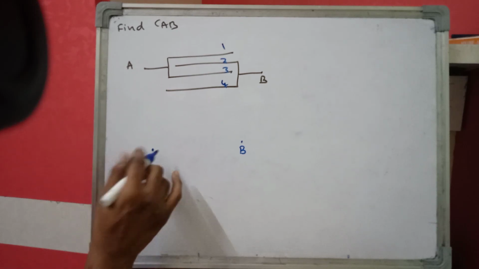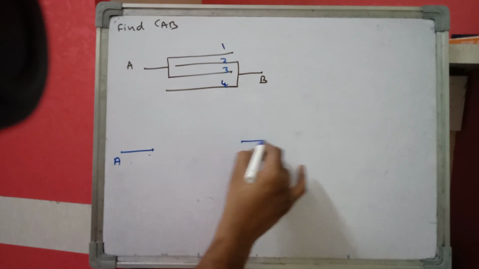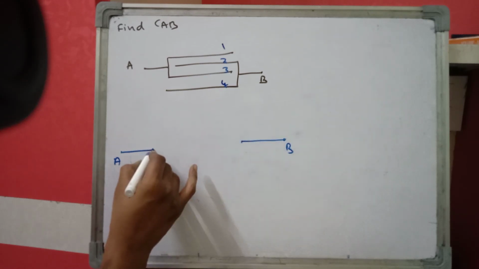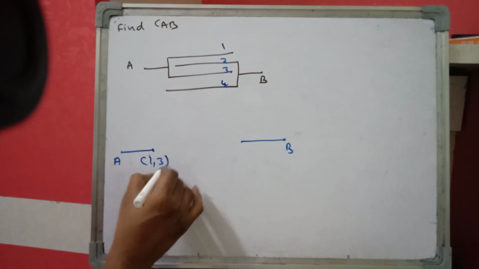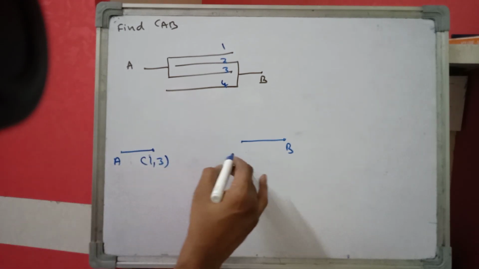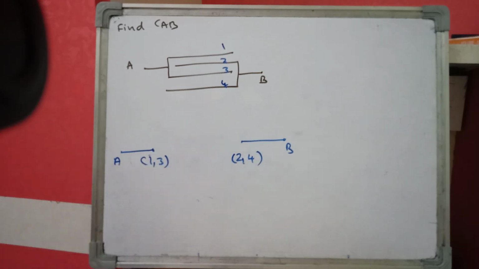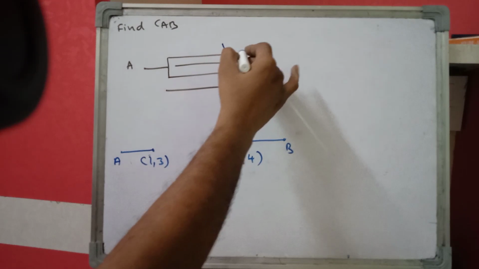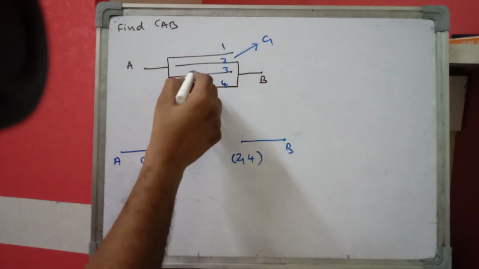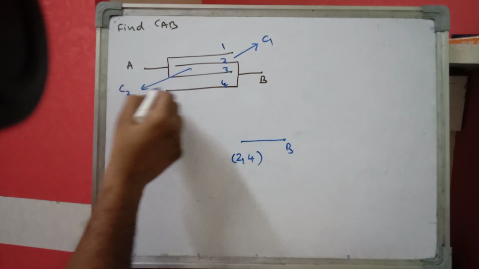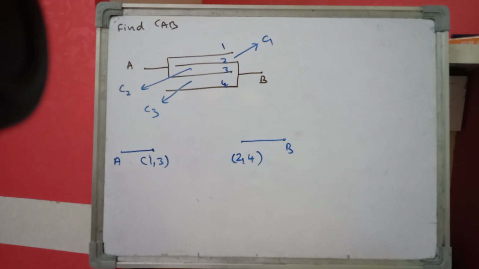So first plate and third plate are connected to A, second plate and fourth plate are connected to B. Now see, between 1 and 2 one capacitor will form, C1, between 2 and 3 one more capacitor will form, C2, between 3 and 4 one more capacitor will form, that is C3.